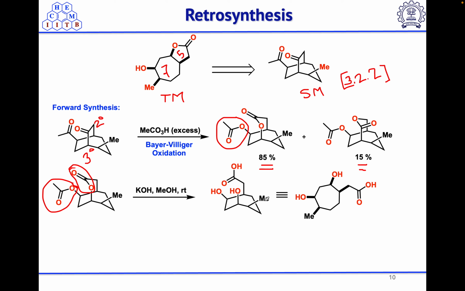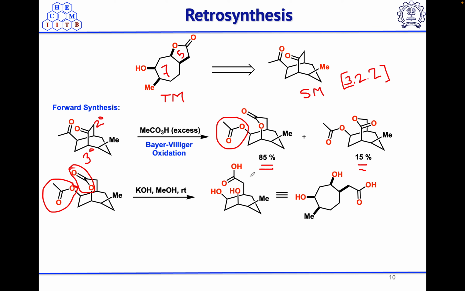If you see the stereochemistry of the methyl, this hydroxy, and this acetic acid functionality, all are in the same stereochemistry. All are beta. So in the 7-member ring, all are having this beta relative stereochemistry, right?